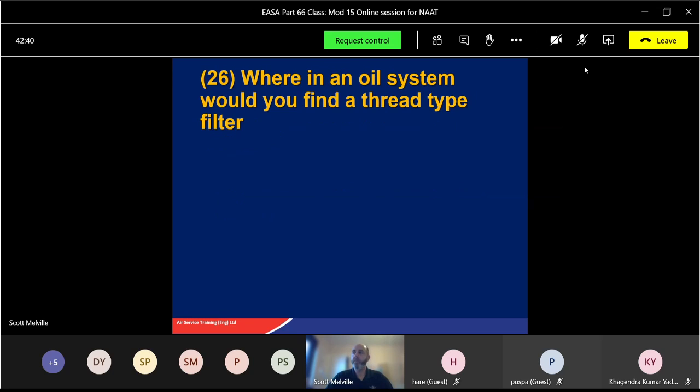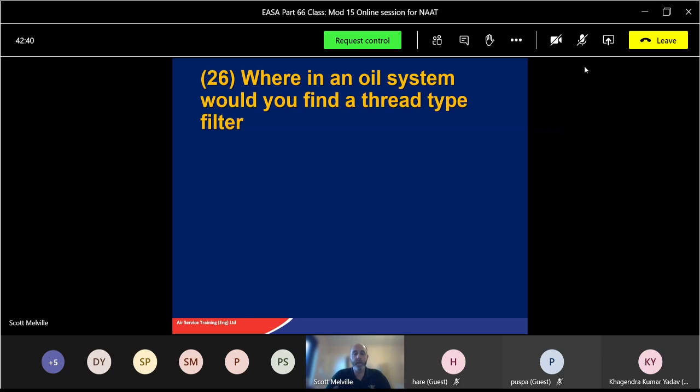Where in an oil system would you find a thread type filter? You've got a pressure filter, which is a very narrow filter.